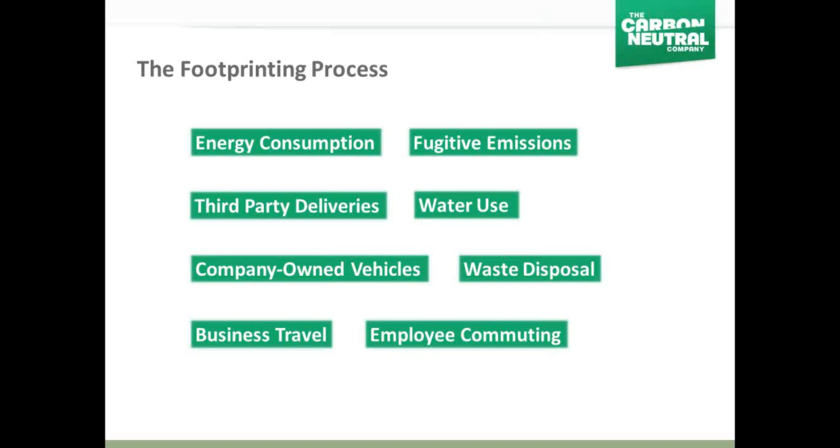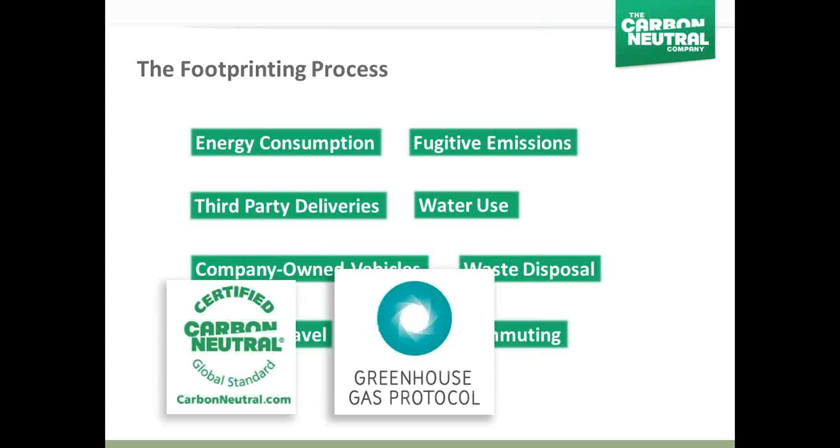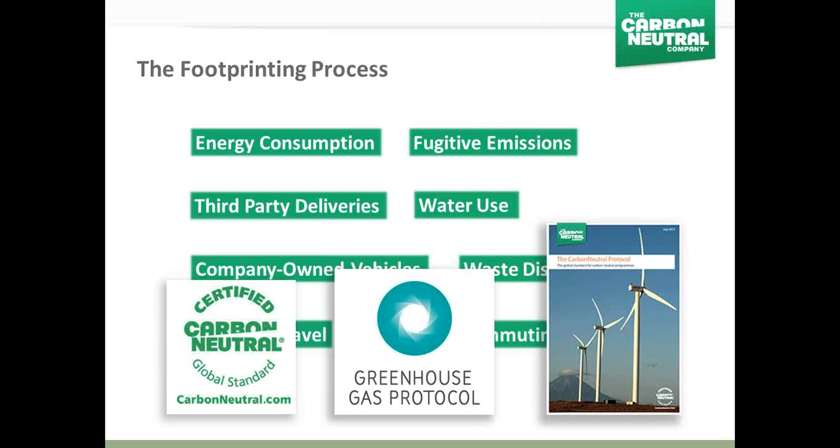And once the emissions have been measured and reported, you'll be ready to use the results for their intended purpose. And if your purpose includes becoming carbon neutral certified, the assessment will not only align with the standards, such as the Greenhouse Gas Protocol, it will also align with the Carbon Neutral Protocol.